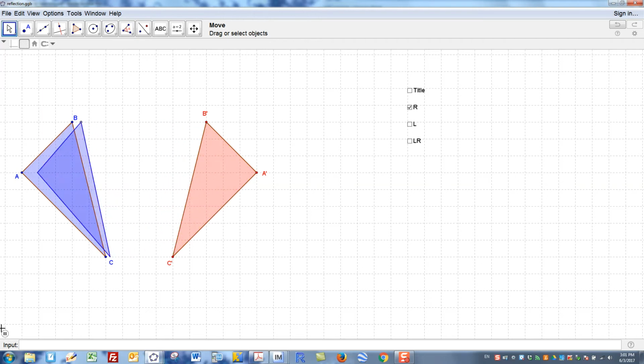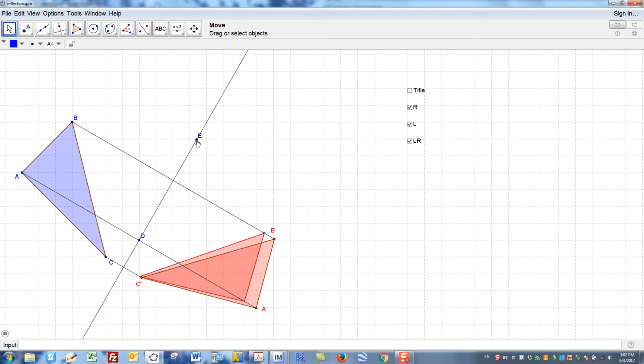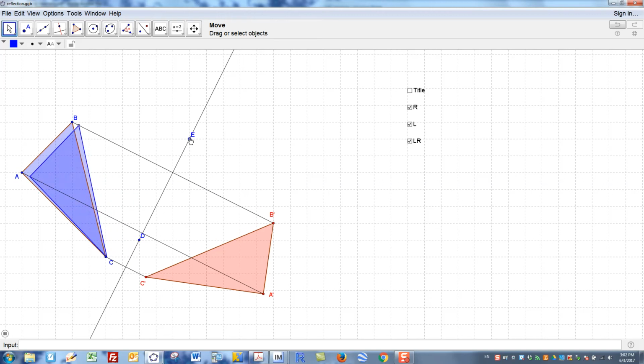You can see the triangle is taken across a line of reflection to a new triangle. If you connect corresponding vertices up, there are those lines, and then of course the line of reflection. And the line of reflection is adjustable, so we can take it wherever we want.